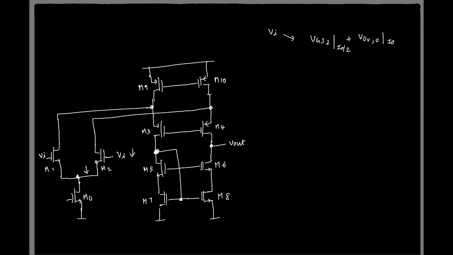Cool. So now if I keep increasing Vi, what limits the maximum input? If I keep increasing this gate voltage, what might come out of saturation? M10. M10 is this guy, right?